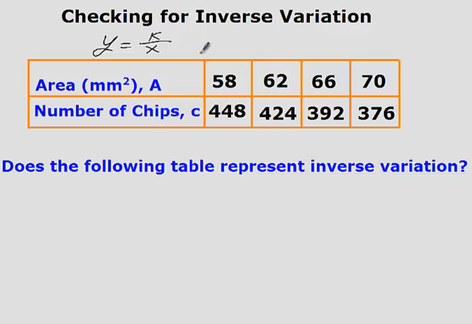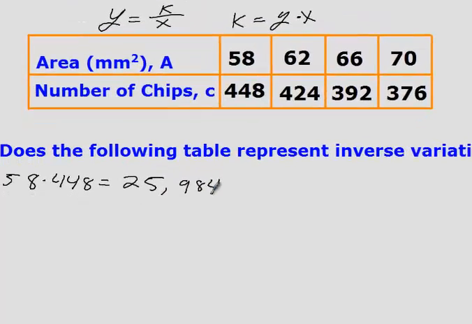So how do we get k by itself here? If I told you to isolate k. Okay, multiply both sides by x. So k is equal to x times y. All right, so now we're going to actually calculate these. So what's 58 times 448? You guys might need a calculator. 25,984.